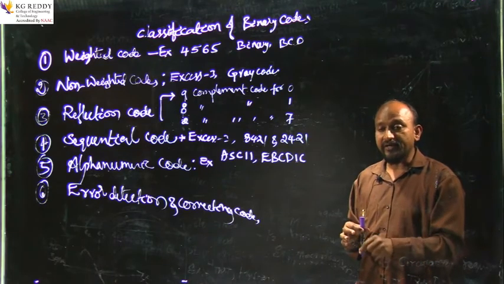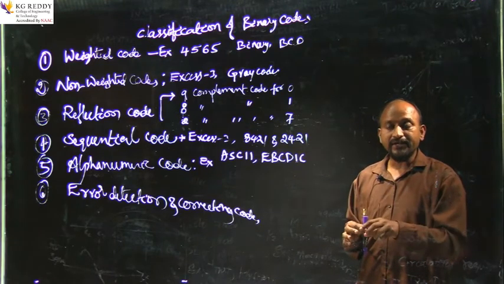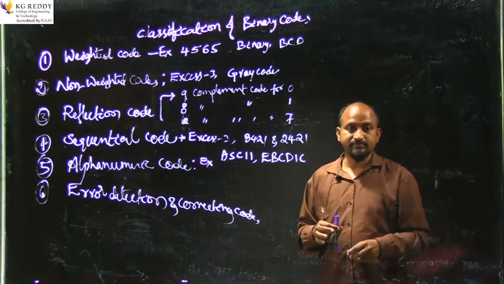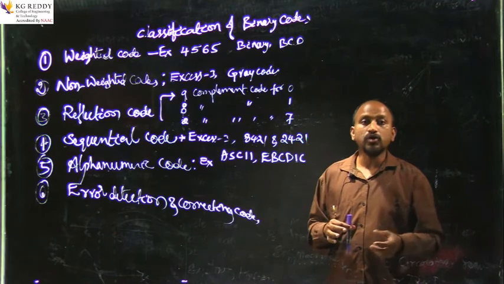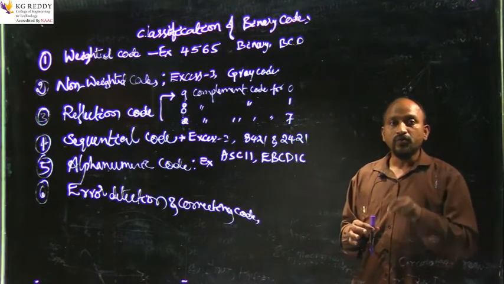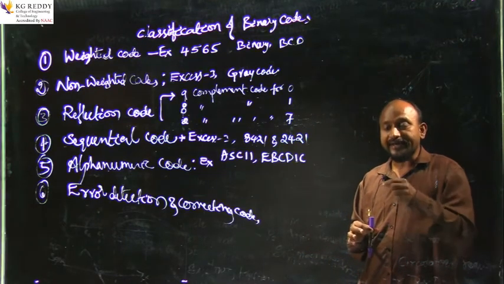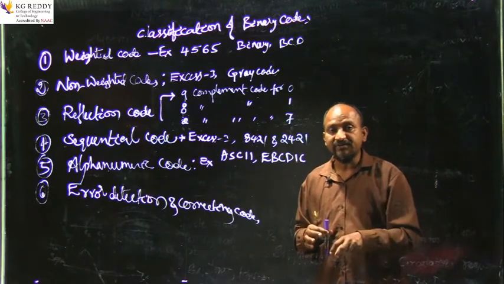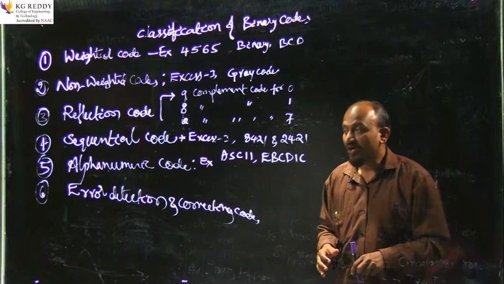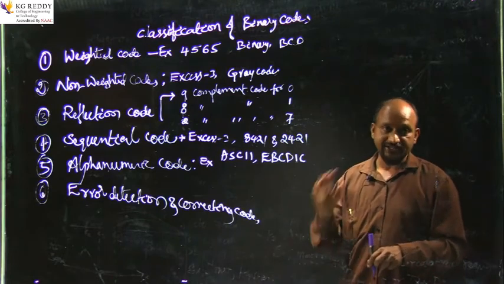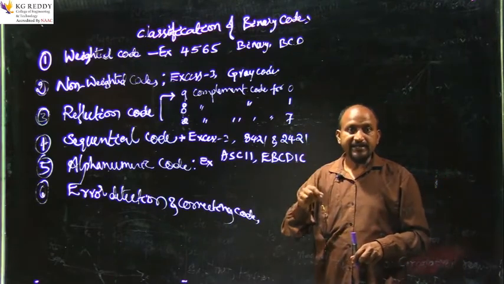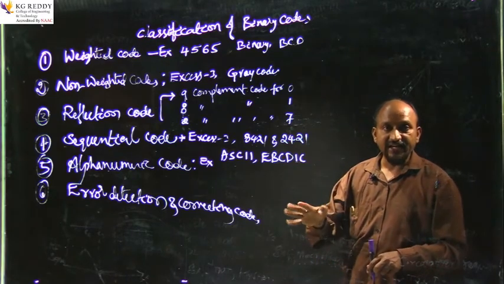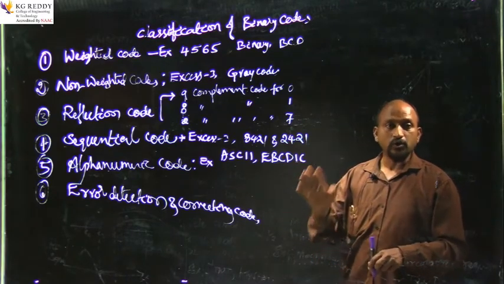This extra bit helps in correcting the data or detecting the error. So adding the extra bit is helpful for detection of error and correction of the coded information.